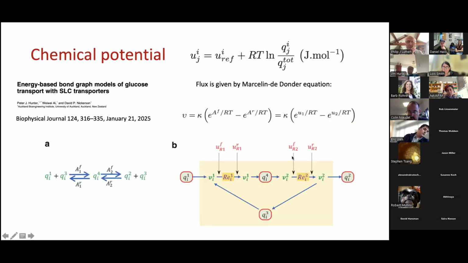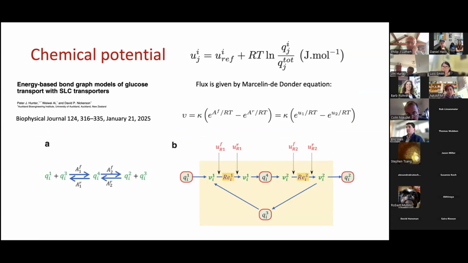So chemical potential is what we're interested in. The equation at the top is the Boltzmann relationship, which shows how chemical potential relates to the molar fraction of a particular species, Q, over the total present in the solvent.